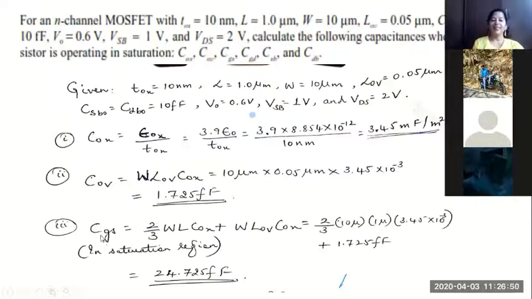Next is the gate to source capacitance. Just observe in the problem they are asking us to calculate all these capacitances when the device is operating in saturation region. So we have to remember the gate to source capacitance in the saturation region will include the basic 2/3 WL COX which we had defined.